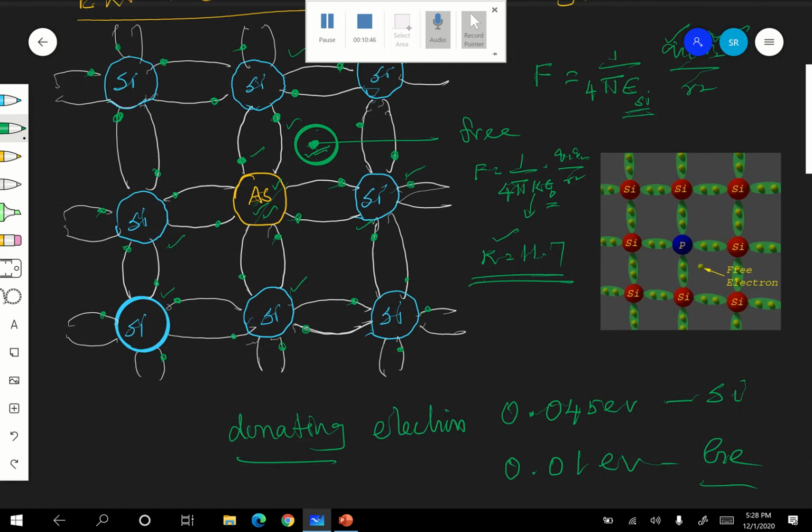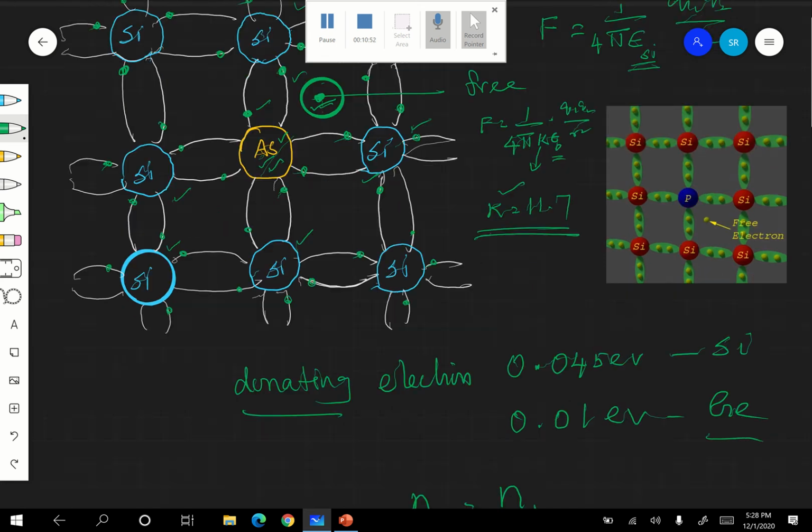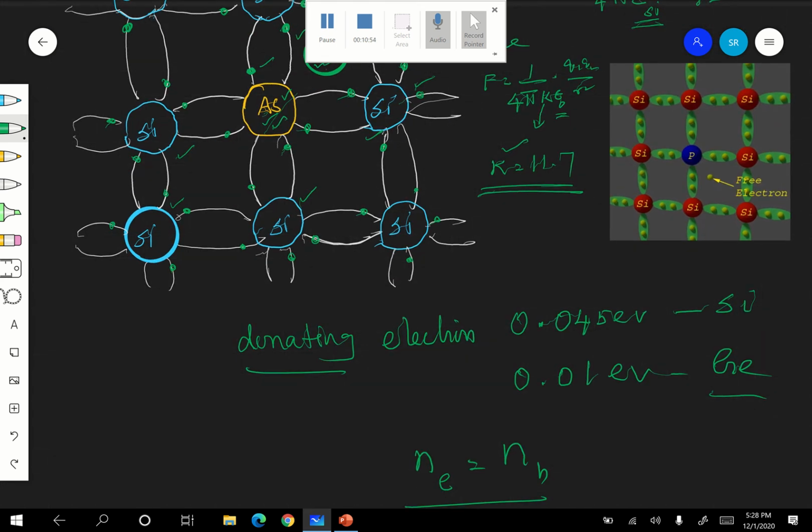One arsenic atom added means one extra free electron is given for conduction. That is the difference. In the intrinsic case, only Ne is equal to NH. But when a pentavalent impurity, arsenic, phosphorus, antimony, bismuth, whatever it is, is added, one atom gives one extra electron.